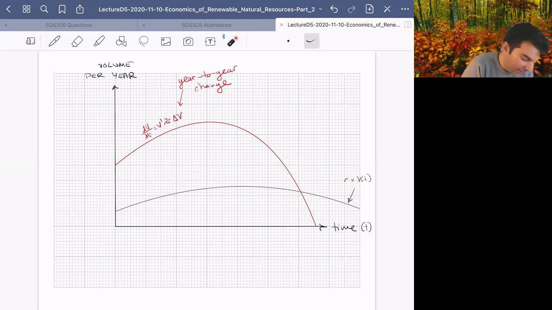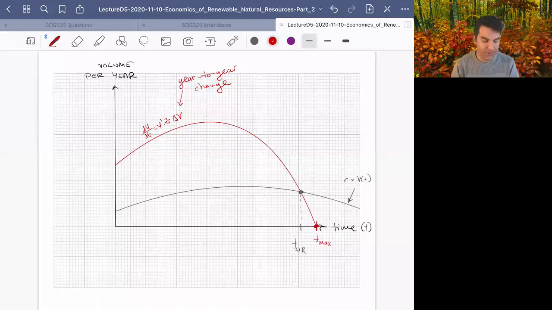And then so that this position here, that is the Wicksell rotation. This point here, that is where we get maximum growth per, that's the maximum growth per rotation. So not over the long periods of time, but just a single rotation.